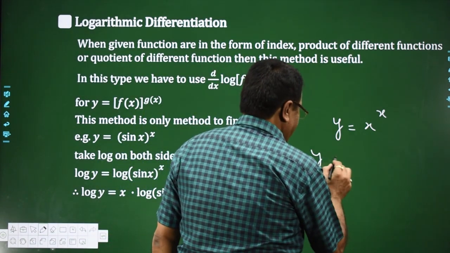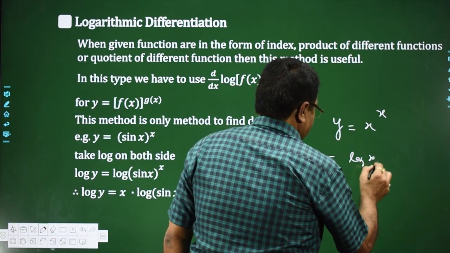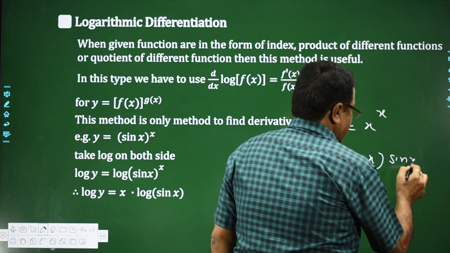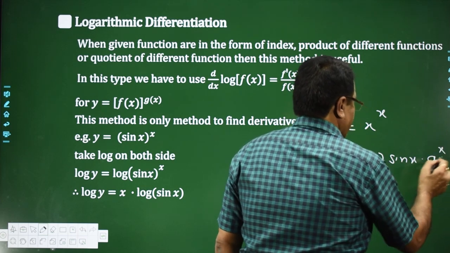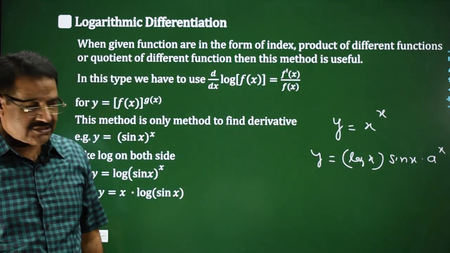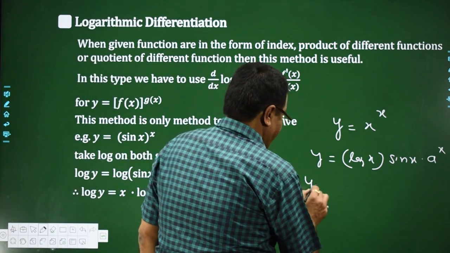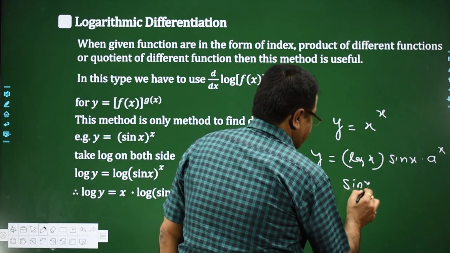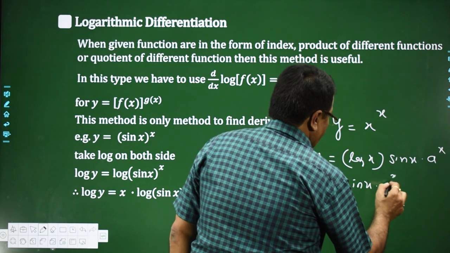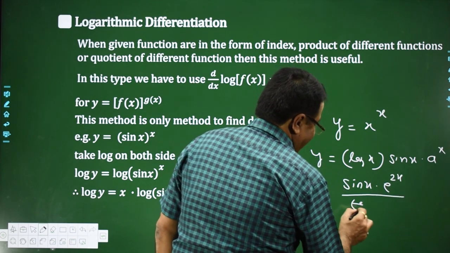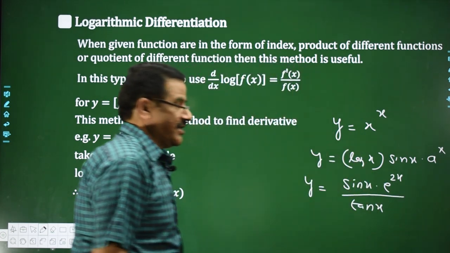Then for example, log of x multiplied by sin of x multiplied by a raised to x, there is a product of different functions. Then for example, a quotient, sin of x multiplied by e raised to 2x divided by tan of x. So, there is a quotient.